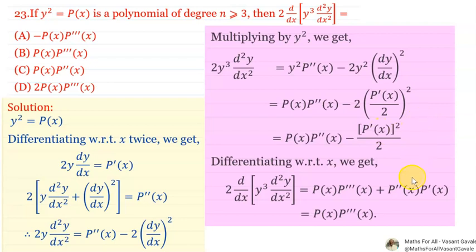It is not written here, we directly simplified. What will its derivative be? 2 times p dash of x upon 2, that 2 gets cancelled, into the derivative of p dash of x which is p double dash of x, so what will you get? p dash of x into p double dash of x. Okay, p dash of x into p double dash of x, and overall you will get here p of x into p triple dash of x.